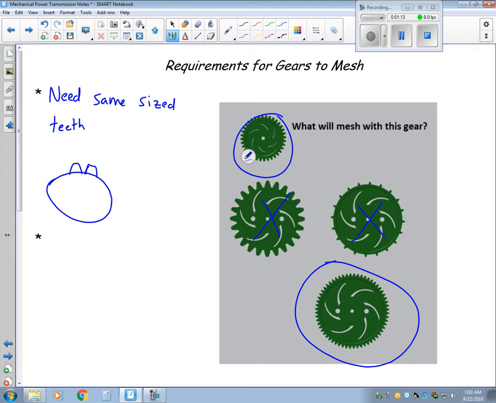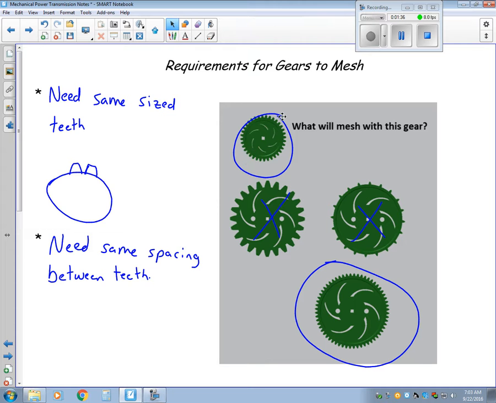We want to make sure they have the same width. That's what I mean by the same size. And then there needs to be the same spacing between the teeth. So those are the two requirements for gears to mesh.